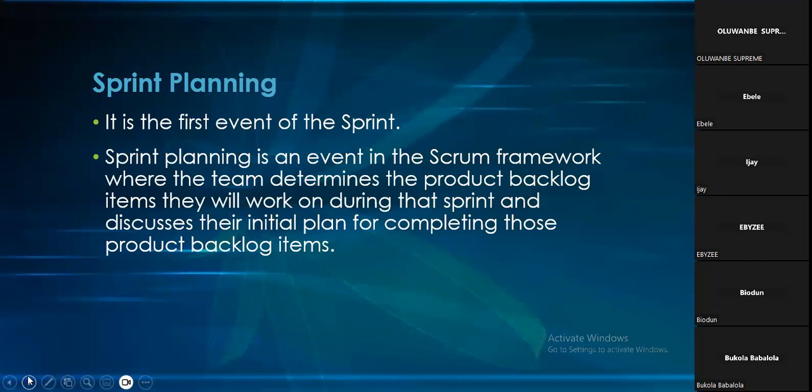The product backlog items sit on the product backlog. So the product backlog is all the things we want to do, like a list of all the features, maybe an enhancement, maybe requirements that are needed to build a product. So you can get all those requirements. BAs will be able to relate to what I'm saying when they get to understand it better because they've not done it yet, so let me not be jumping.